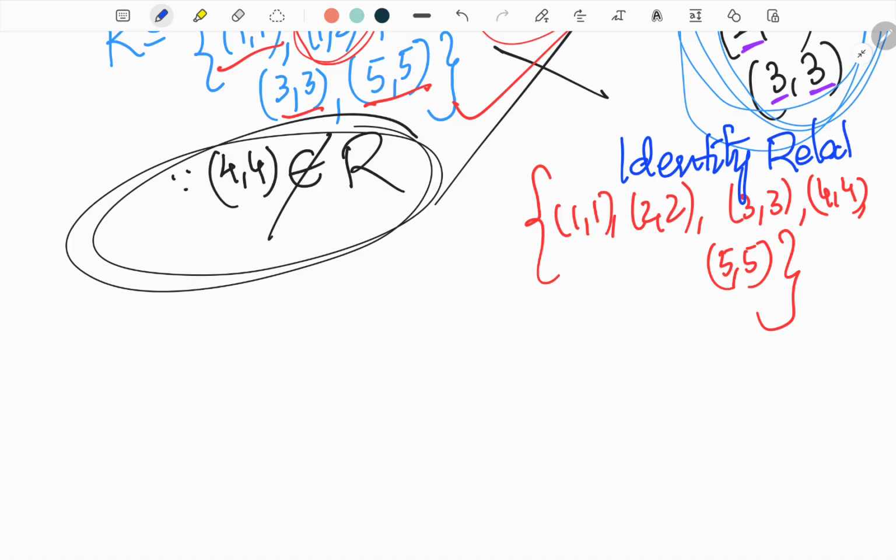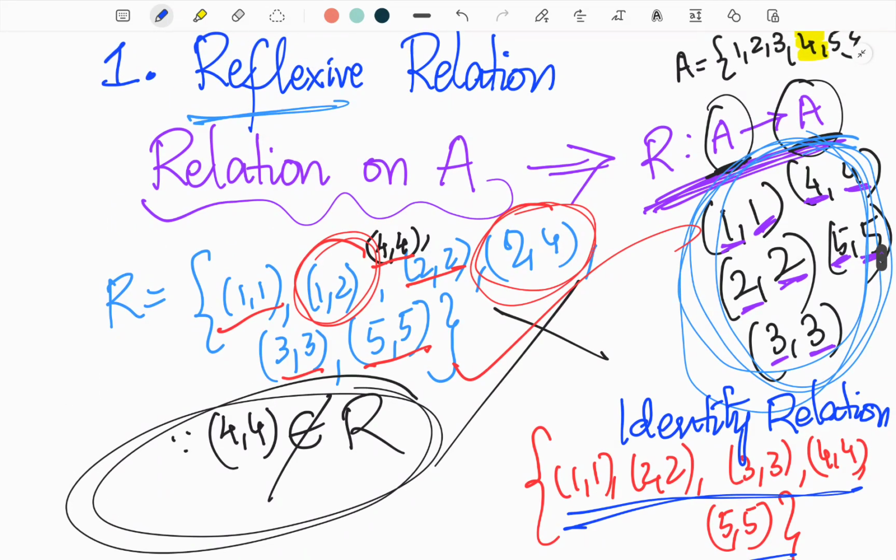Yes, it is a reflexive relation, but if in the reflexive relation there is no other element other than the reflexive elements, there is no other ordered pair, then those relations are called identity relations. So all identity relations are reflexive, but not all reflexive relations are identity relations. This is very important for assertion reasoning.